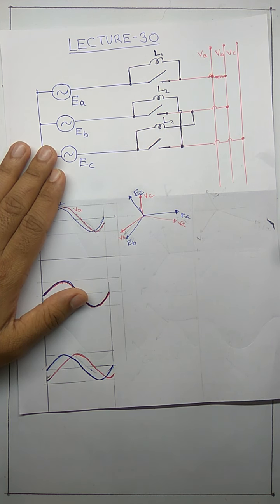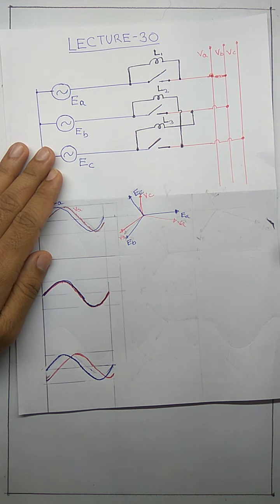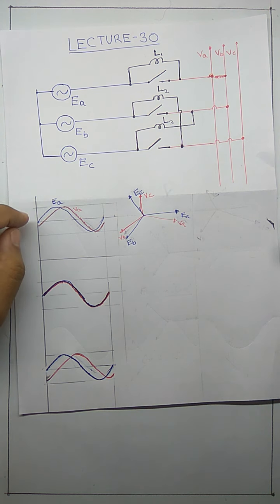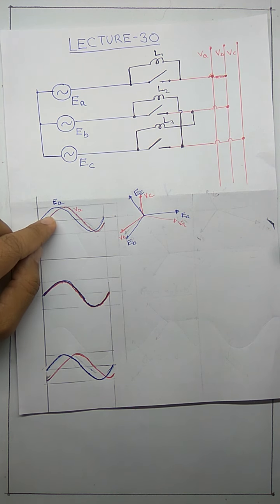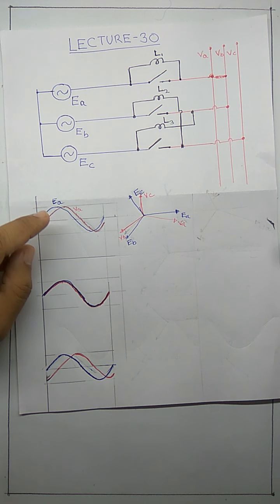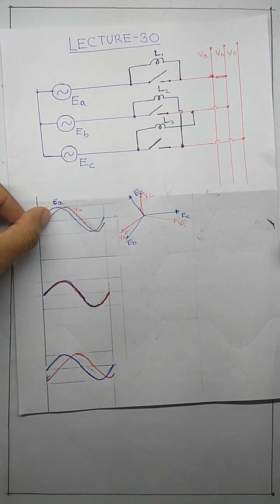Now let's look at another condition. Here both VA and EA are in the same phase. How has this happened? Let's say that my incoming generator is slower than the grid, or the grid is faster than the incoming generator. Both statements are the same. Let's say that my incoming generator is slower than the grid.